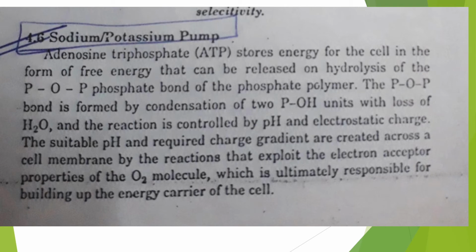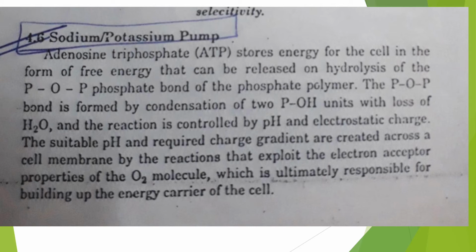As you know, ATP, adenosine triphosphate, stores energy for the cell in the form of free energy, which can be released on hydrolysis of the P-O-P bond of the phosphate polymer. This P-O-P bond is formed by the condensation of two P-OH units with loss of water, and the reaction is controlled by pH and electrostatic charge.